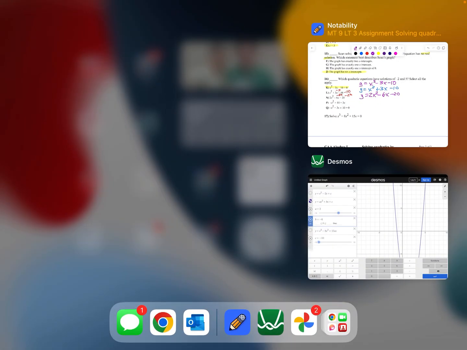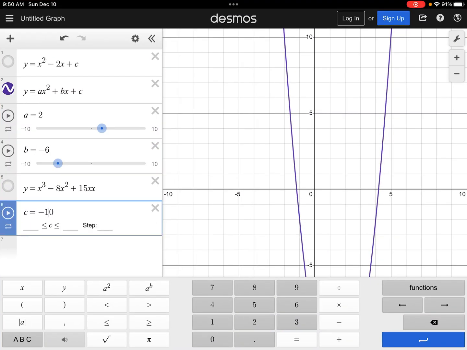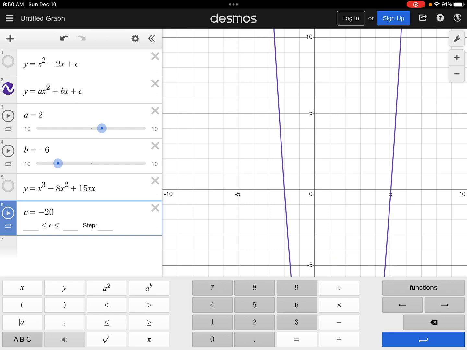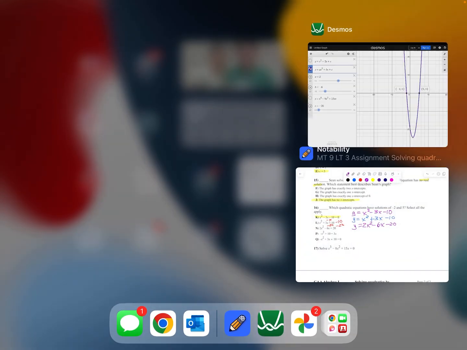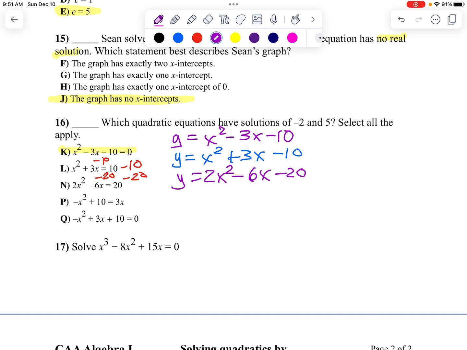Yeah, negative 6 and negative 20. And it does make it kind of bigger, but notice we get negative 2 and 5. So that's a solution also. So N is going to be a solution. Now the reason it's a solution, notice between N and K, N is just 2 times K. If I multiply everything by 2, I get the same thing, so that makes sense.